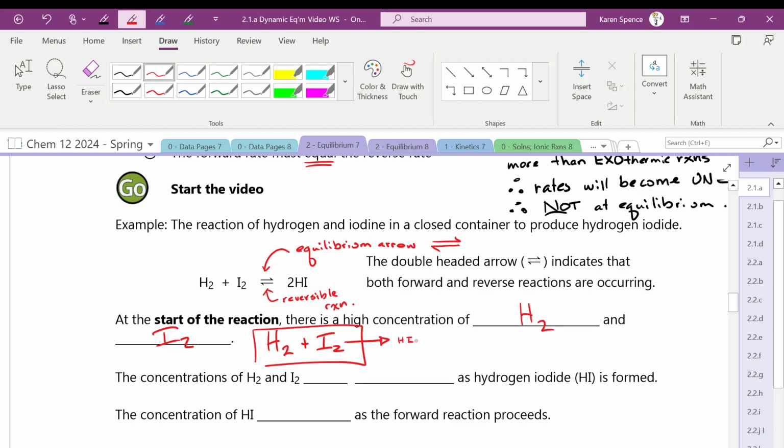So the concentrations of H2 and I2 will decrease as HI is formed, and the concentration of HI will increase. So at the start, you have no HI, then you have a small amount, then you have a bigger amount, then you have a bigger amount.